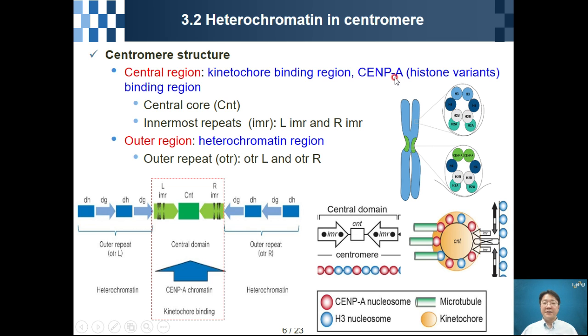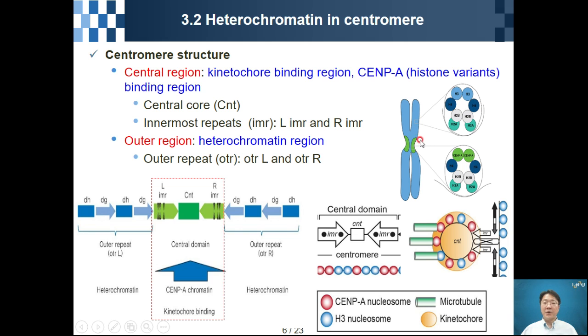So what is CENP-A? Usually the normal chromosome region is composed of nucleosomes. Each nucleosome is composed of 8 histones: 2 H3, 2 H4, 2 H2B, and 2 H2A.